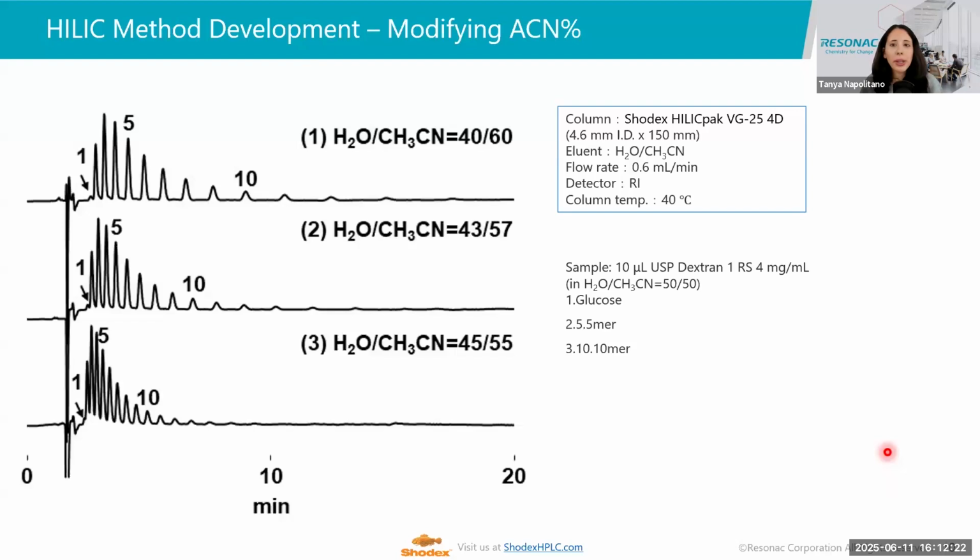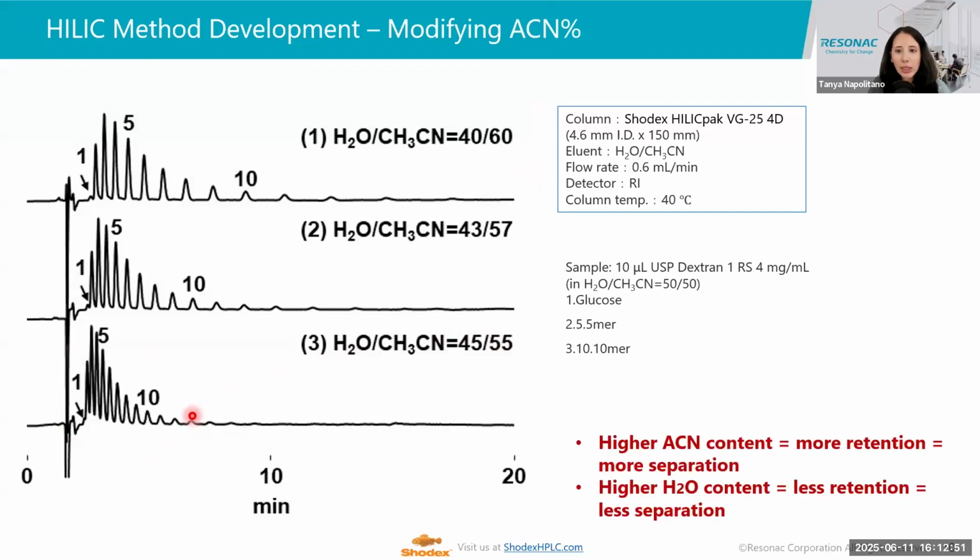So here we're separating dextrin oligomers using a VG25 column. The mobile phase is a mixture of water and acetonitrile, and we're modifying that acetonitrile ratio slightly across these runs. As we decrease the amount of acetonitrile from 1 to 3, or increase the amount of water, retention decreases and the peaks begin to coelute.